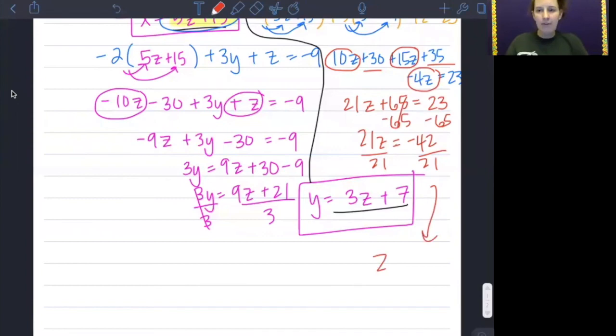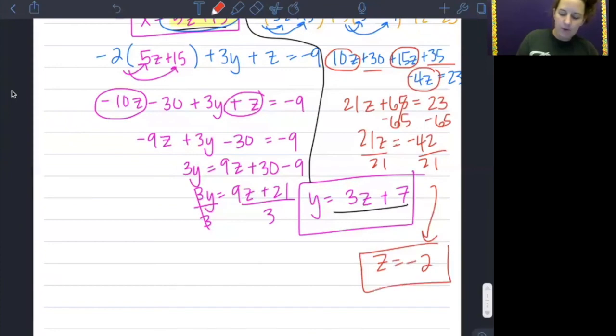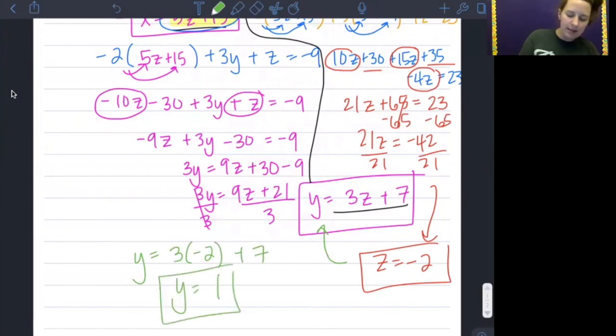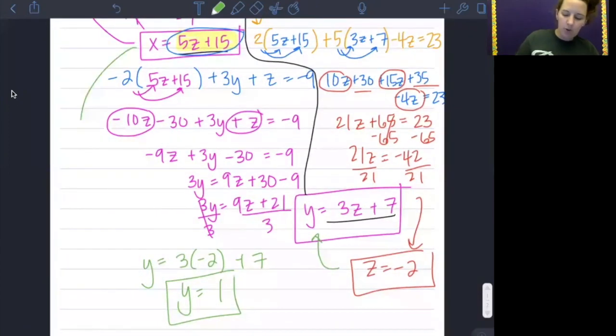Now that we have that one value, we're going to work backwards and plug it in for our y. So y equals 3 times negative 2 plus 7, y equals 1. And then we get to plug it in for our x as well. So x equals 5 times negative 2 plus 15, or x equals 5. So our ordered triple for this one is 5, 1, negative 2.